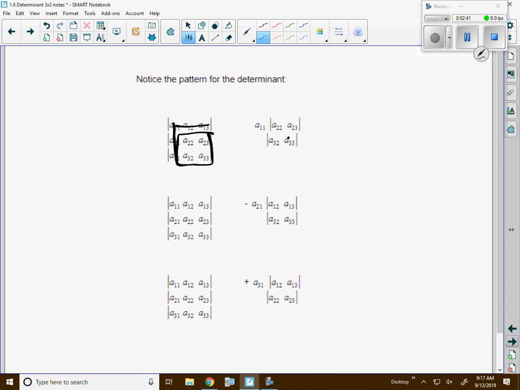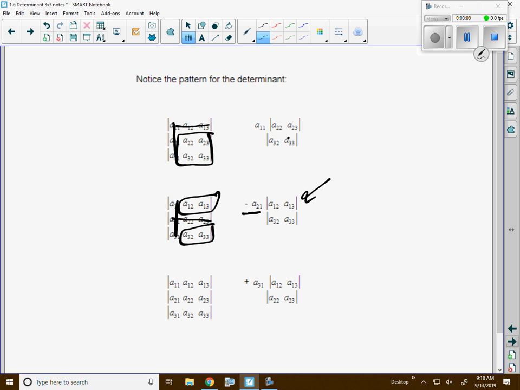And then over here, since we're doing this column, we do the A21. So A21 would cross out that row and column, and we're left with these two. We stack them together and they create the minor over here. And right here, you'll notice I put my A21 there, but why is it negative?